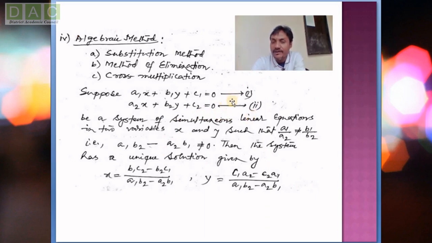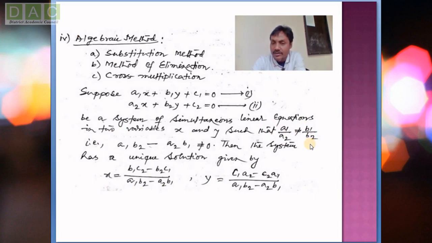From this system of simultaneous linear equations, we find the variables x and y such that a1 by a2 not equals b1 by b2. This is the important condition. The values of x and y exist if this condition is satisfied, that is a1 by a2 not equals b1 by b2.